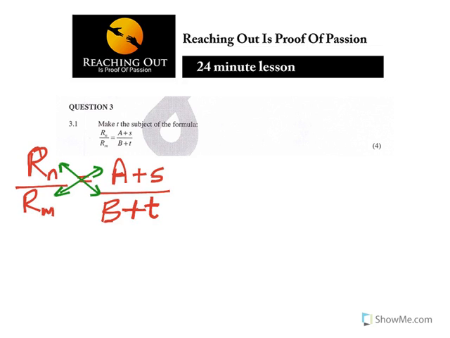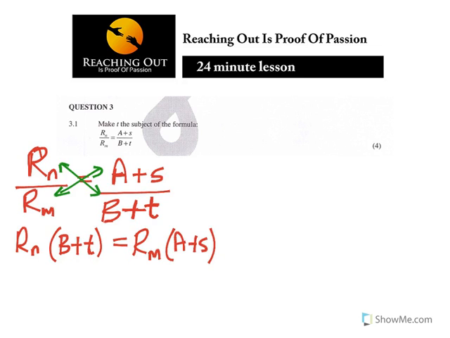So you've got your Rn multiplying your B plus T is equal to your Rm multiplying your A plus S.